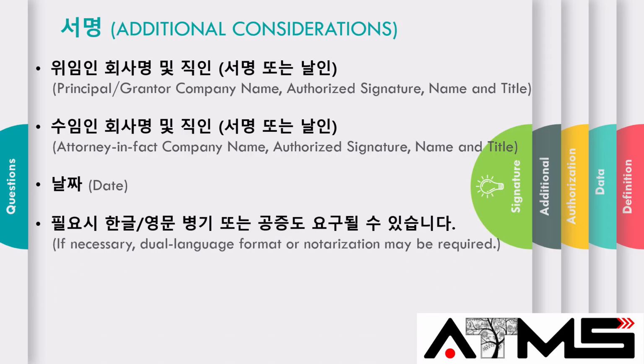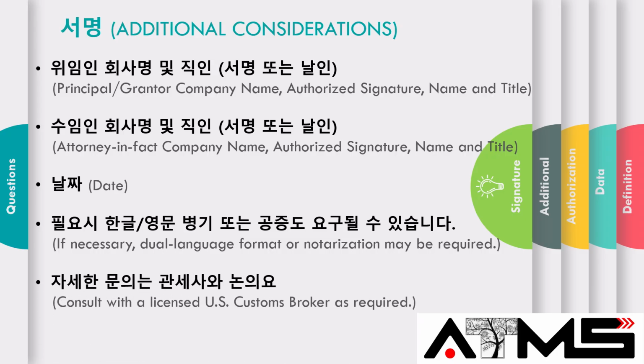If the principal is a foreign importer or exporter, a bilingual version, for example Chinese-English, Korean-English, or Norwegian, may be required. If you are unsure or need peace of mind, we recommend discussing the matter with your customs broker to explore legal and tax-efficient solutions.